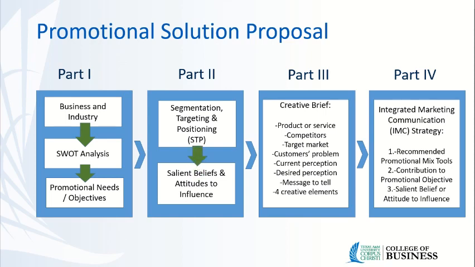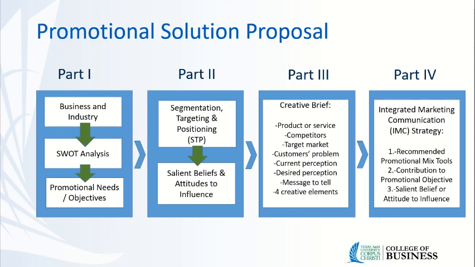Then part 2, you have to tell what the STP strategy is. You have to tell what the bases for segmentation are. Which bases for segmentation, this is from chapter 4, are the ones that are relevant to group your customers, to divide the market out there so that you can identify which one you go after.